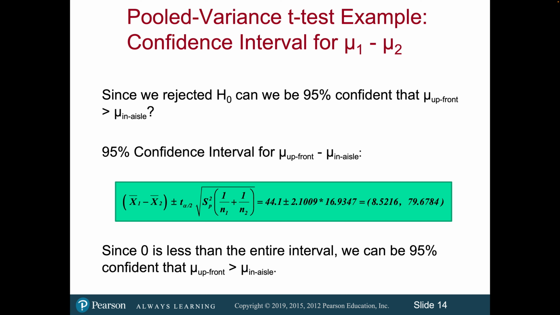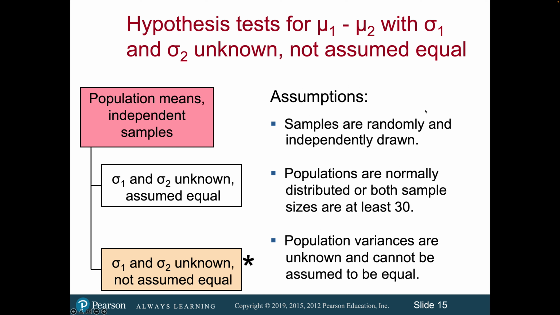Now, if that interval was all negative, then we would conclude that the in aisle was higher, that the second mu would be higher. So again, these are just slightly more complicated than the traditional hypothesis testing examples that we've studied previously.